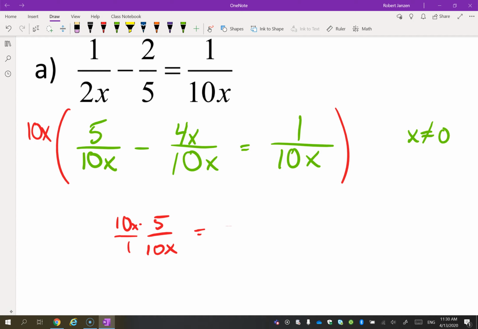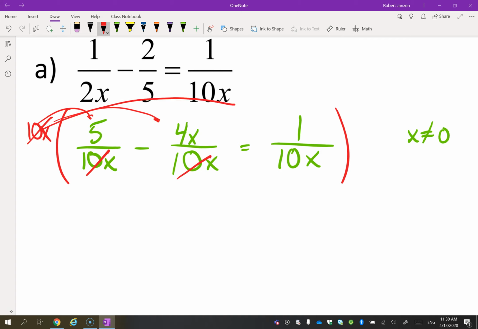Okay, but there's a shortcut. What is 10x divided by 10x? It's 1. And so 1 times 5 is just 5. We're using this to say this 10x will cancel each term that I multiply by, it will cancel that denominator.